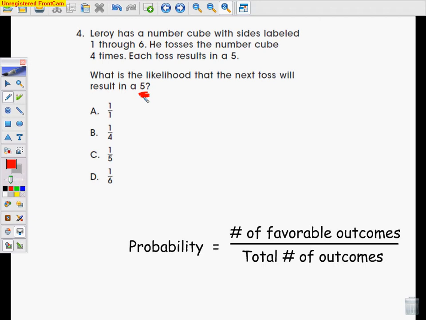How many 5s are there on this number cube? There's only one of them. And we're going to divide that by the total number of numbers on the cube. How many numbers are on the cube? There's 6. So the likelihood or the probability that Leroy will roll a 5 is a 1/6 probability.